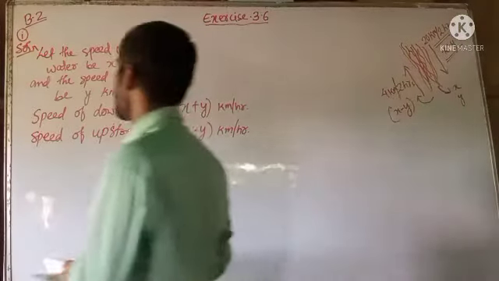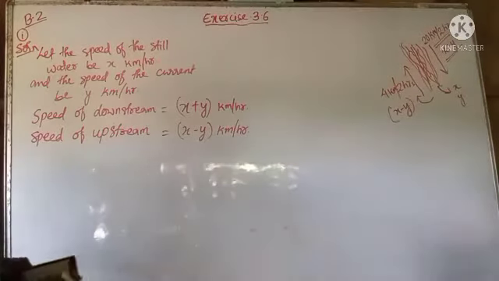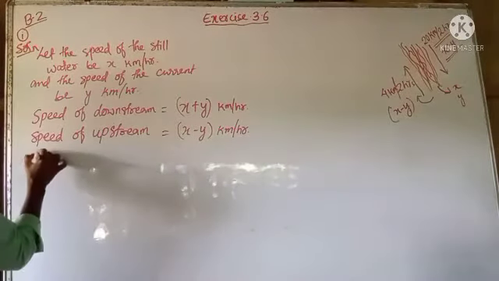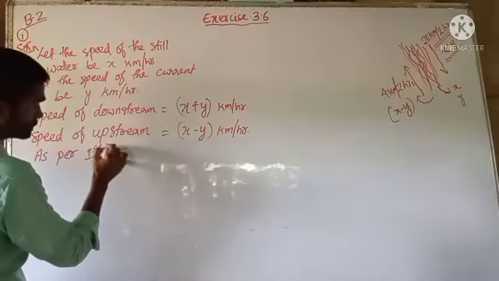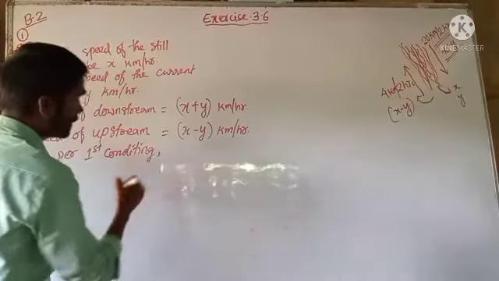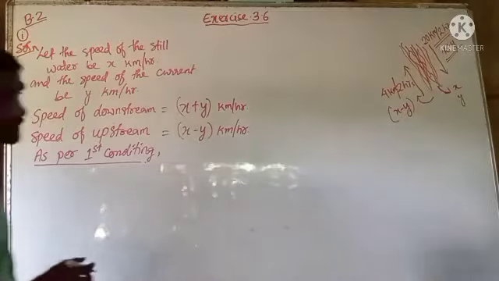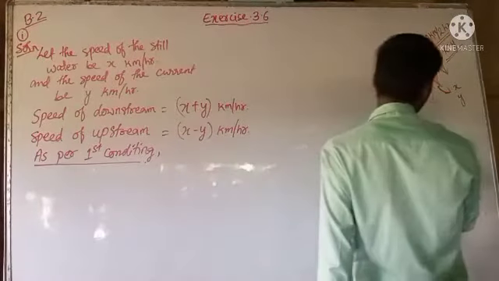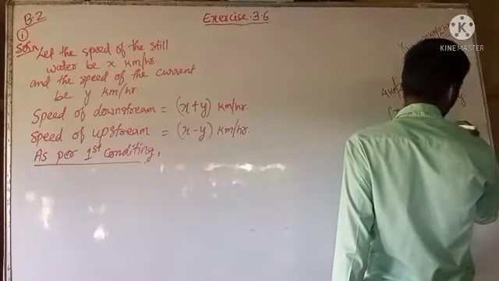Now for the first condition, it is given that it takes her 2 hours to row 20 km. So as per the first condition, we will use one formula here, that is time is equal to distance by speed.